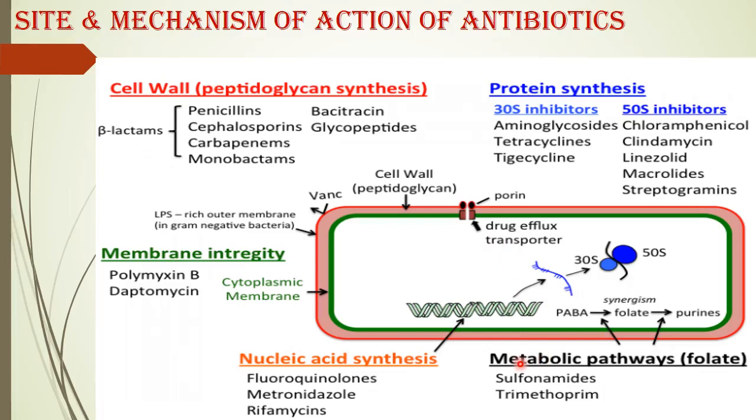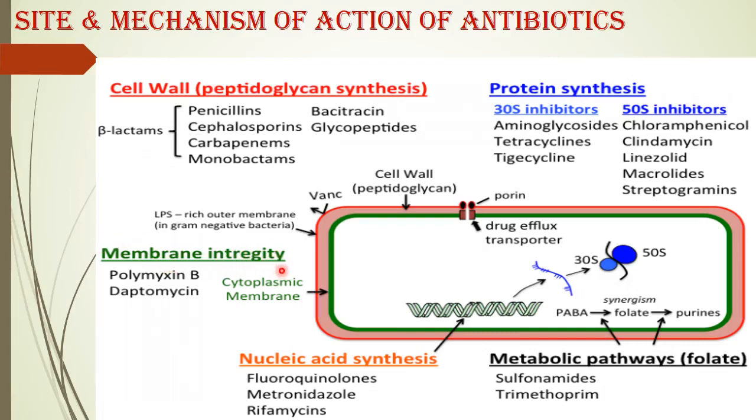Okay? So here the antibiotics can work by means of these 5 pathways. Number 1, it can inhibit the cell wall synthesis. I'll speak to you in detail. It can inhibit the protein synthesis. It can act on the membrane integrity.